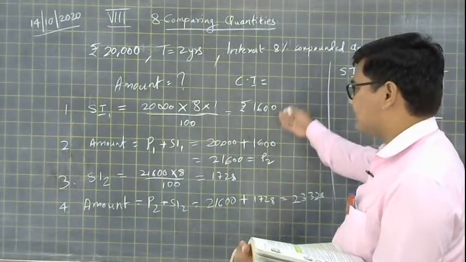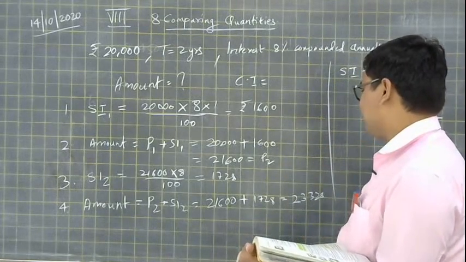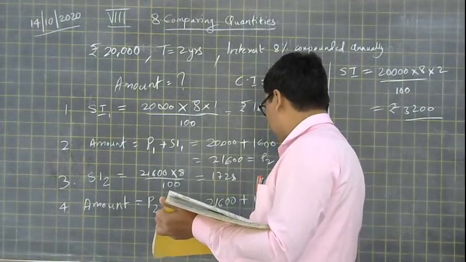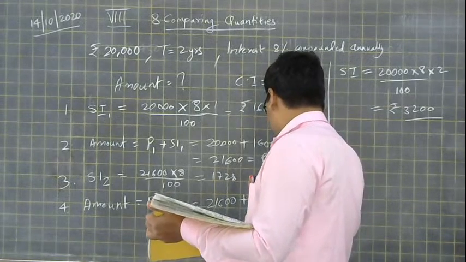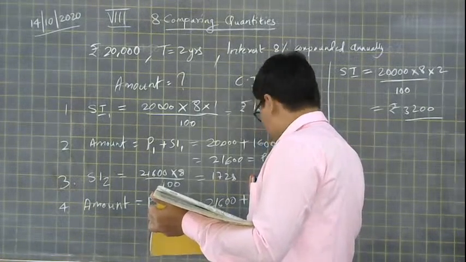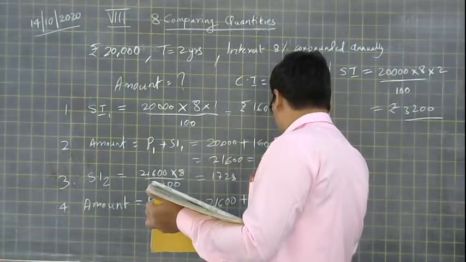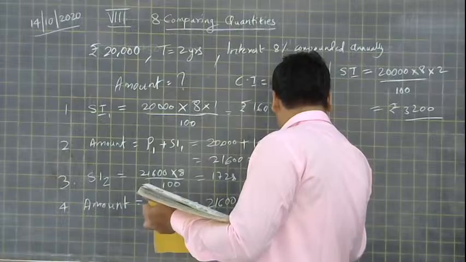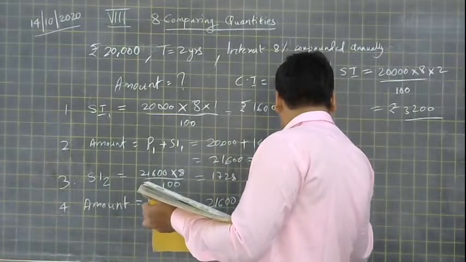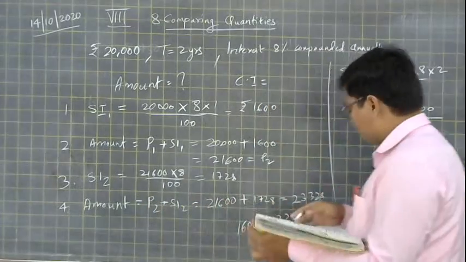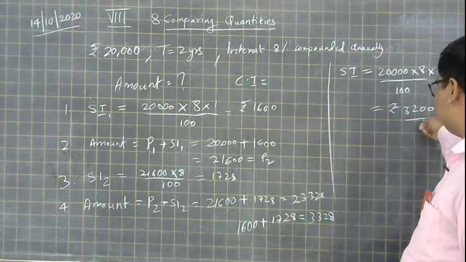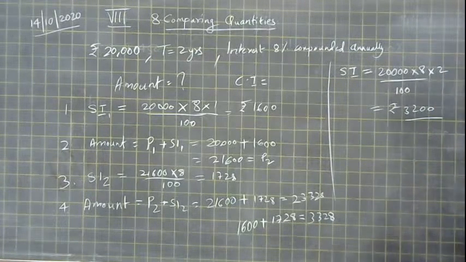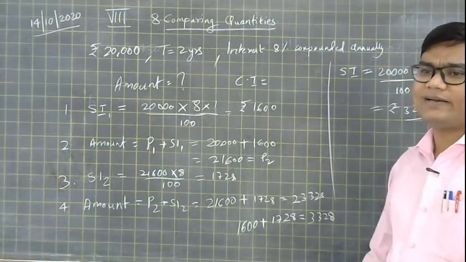So here in this case the interest given will be equal to 1600 plus 1728, which is equal to 3328. And here the simple interest for 2 years is 3,200 and the compound interest is 3,328.